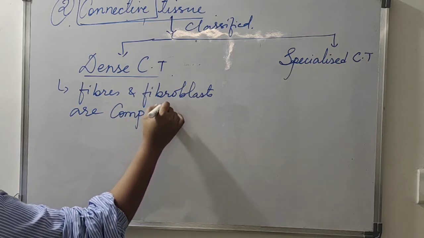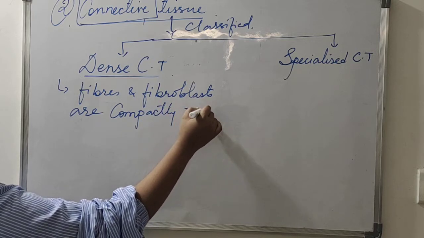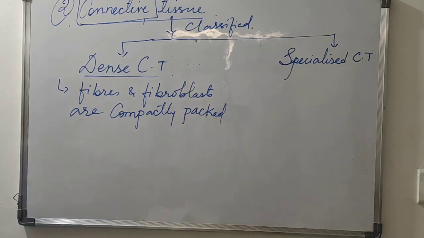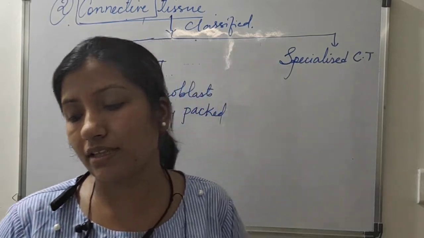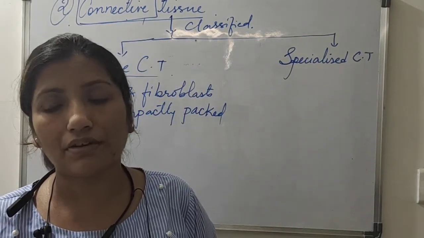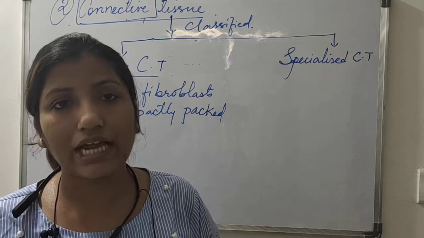Tightly packed means compactly packed. For that we have to refer to diagram 7.5 A and B, which shows where the fibers are very closely arranged and tightly packed.